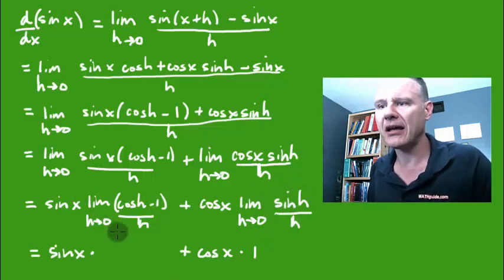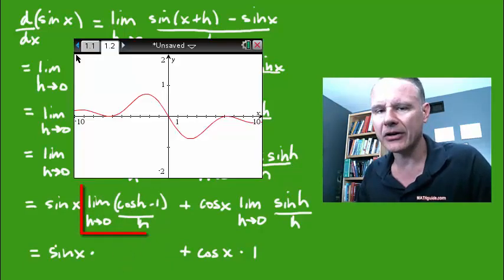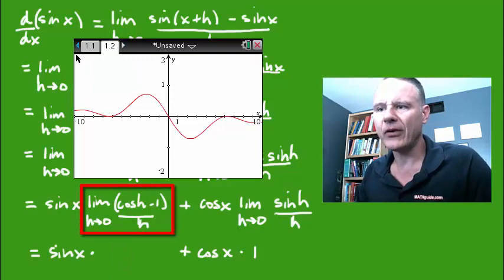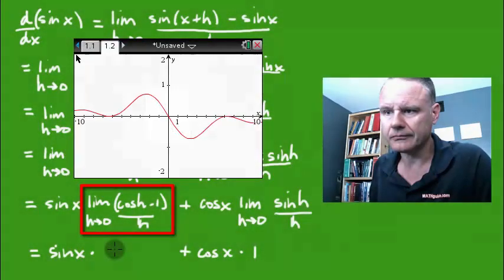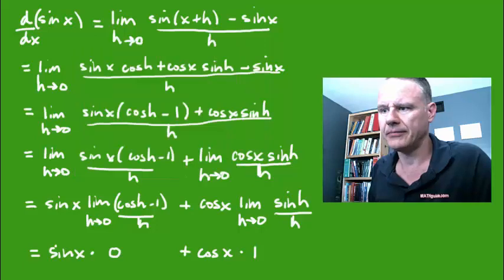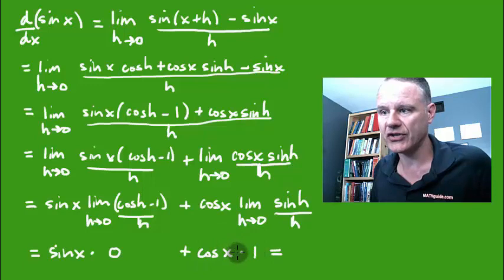If you were to take this other one and graph it in a graphing calculator, there it is. You could see that if we allow h to approach 0, the whole function approaches 0. So what does this mean? It means that I have 0 times the sine, that's 0, and I've got cosine times 1, that's cosine.